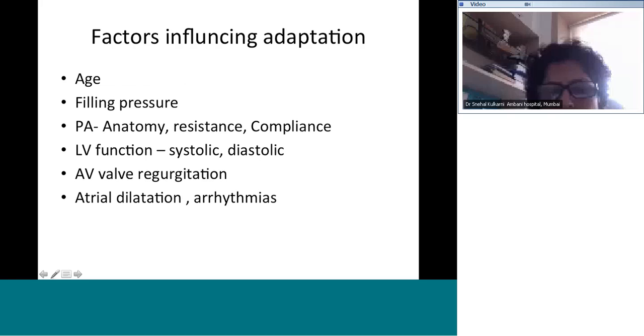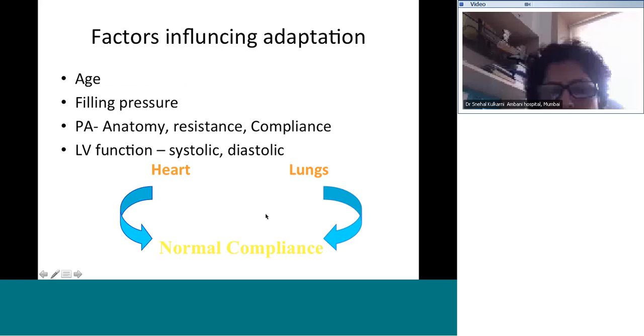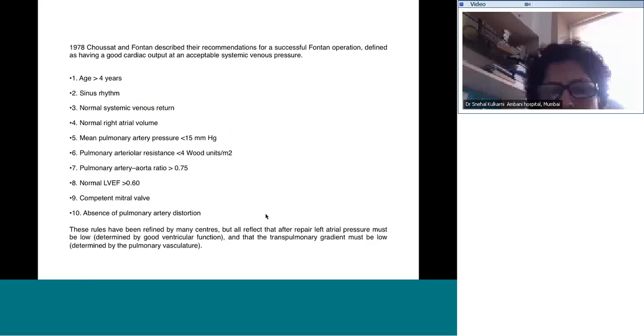And factors which influence this adaptation are age, filling pressure, pulmonary artery anatomy, resistance, compliance, LV function, systolic and diastolic, presence of AV valve regurgitation, and atrial dilatation, because that will lead to atrial arrhythmias. Again, that is an incremental risk factor for Fontan completion in future.